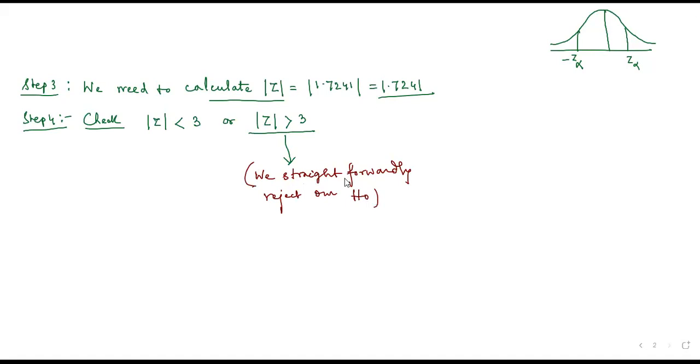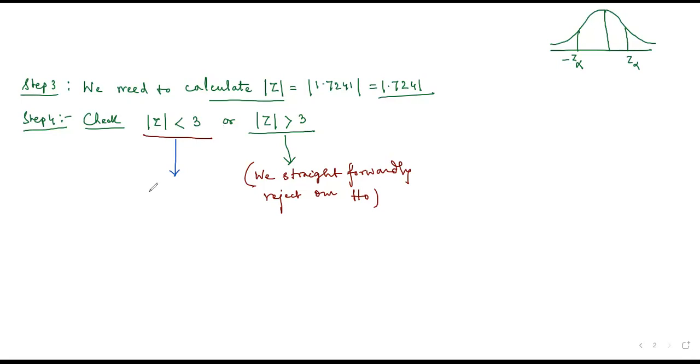We do not look behind, we just reject our null hypothesis, which happened in my earlier 2 problems which I tried to do with the CSE section B. But here we are actually getting the other case, and I'm going to explain first what happens when mod Z is less than 3.